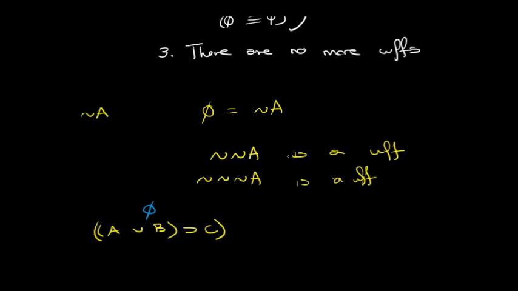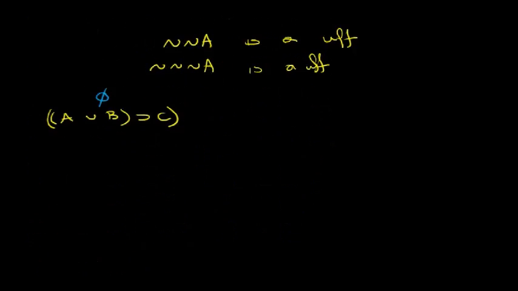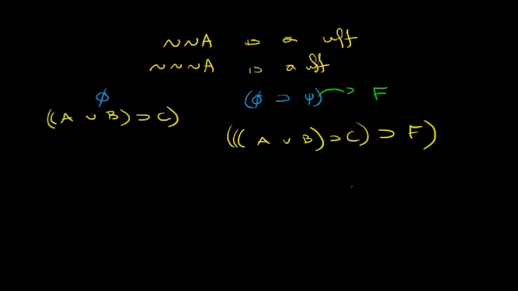So because we know that phi then psi in brackets is a well-formed formula, suppose in this case that psi stands for F, we know that A or B, then C, then F is a well-formed formula because it has the right structure here.